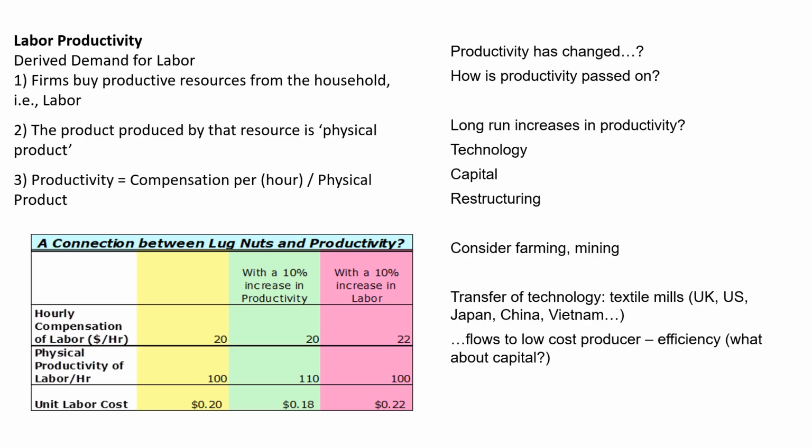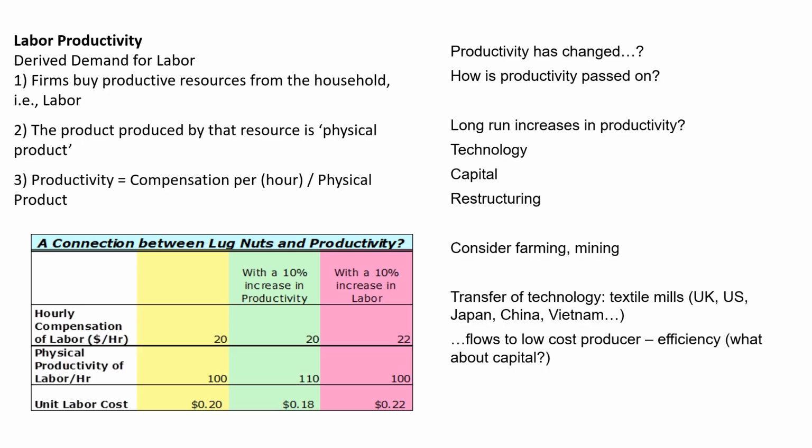The next column over is where we're increasing the cost of labor. The cost of labor, that's inflation, right? It goes up by 10% from $20 up to $22. The physical productivity of that labor remains the same at 100, and as a result we end up with a unit labor cost of 22 cents.